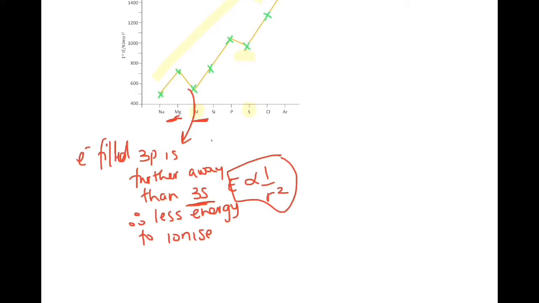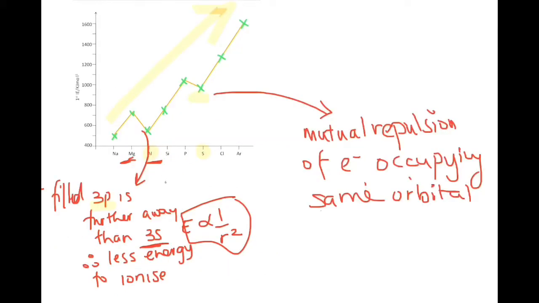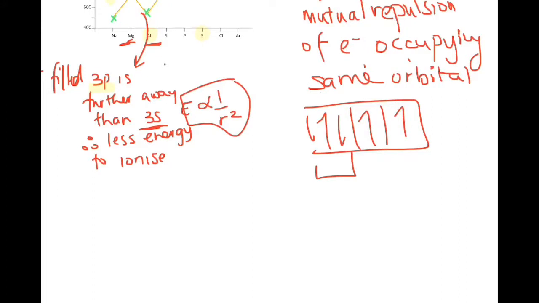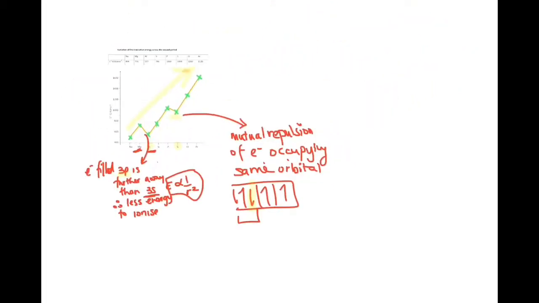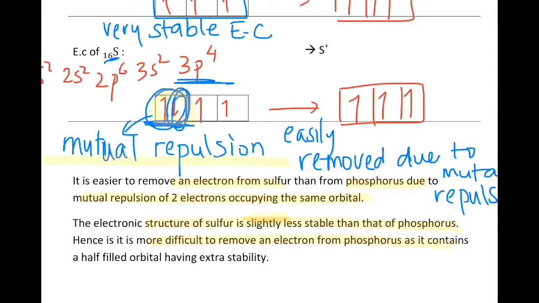So explaining for group 3, it's because of the 3p, which is further away. And for group 6, it's because of mutual repulsion of electrons occupying the same orbital. You know that these two will repel each other, therefore this electron is going to be very easy to remove. This is what you will need to explain in many questions.